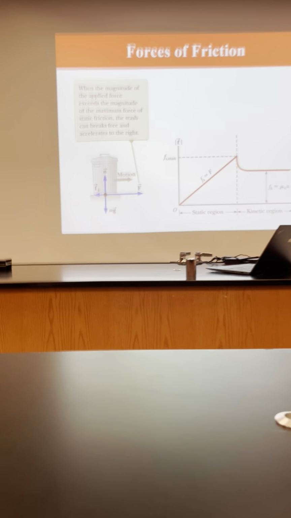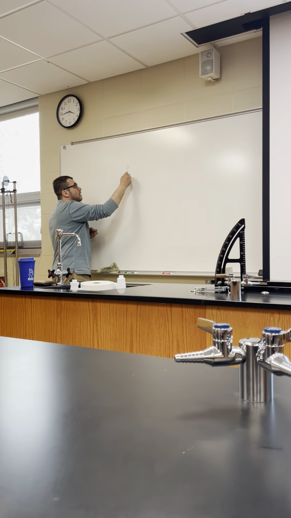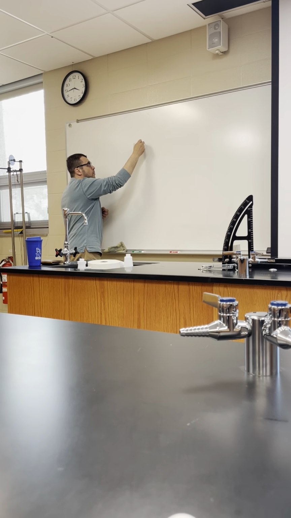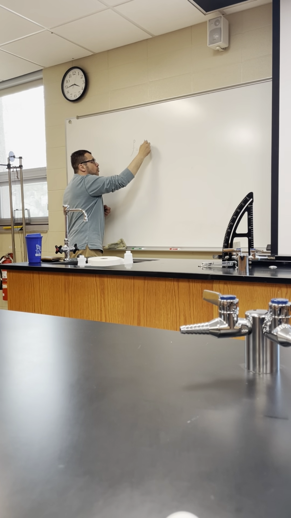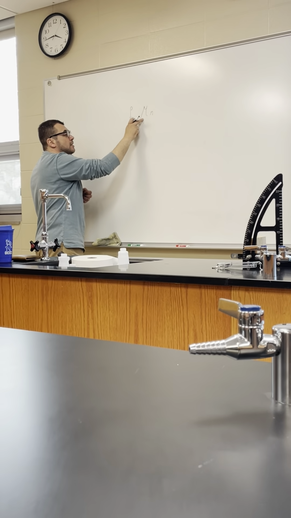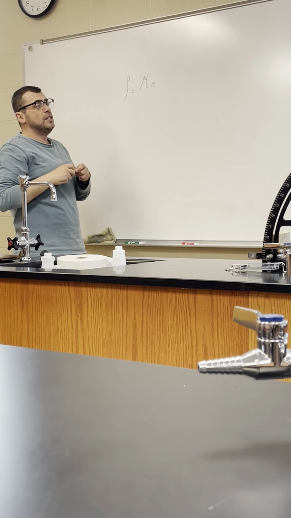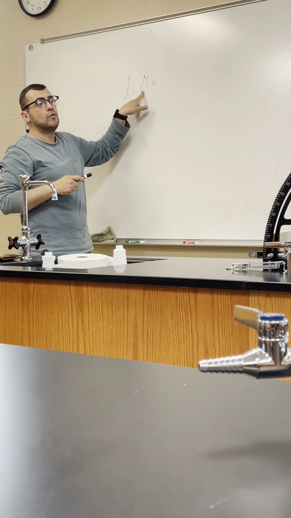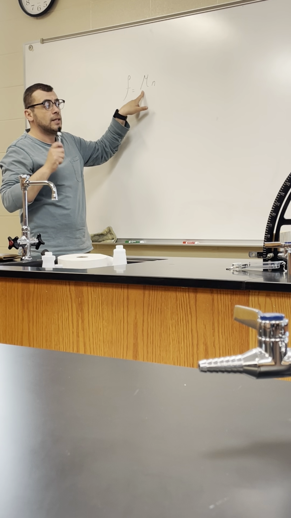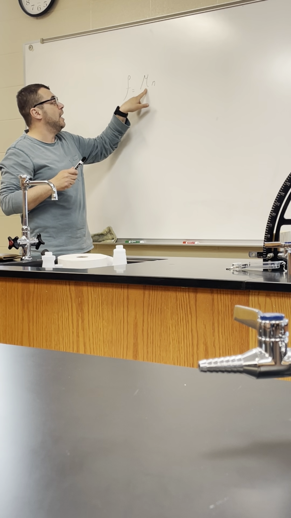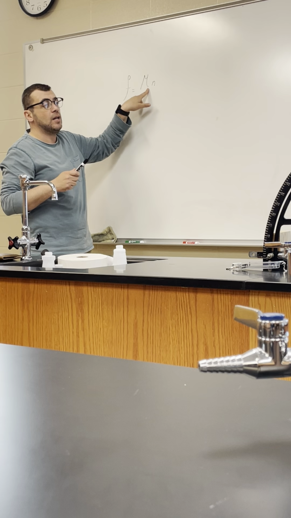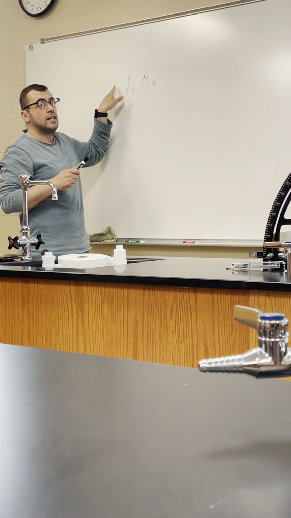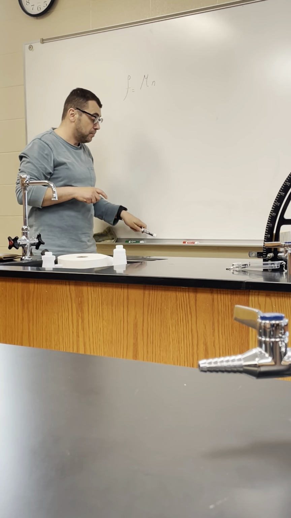Friction force in general is directly proportional to the normal force, with a coefficient. It's mu, and mu just represents the coefficient of friction. We are going to talk in detail about it. In case we have static, that's going to be the static friction force; kinetic is going to be kinetic.